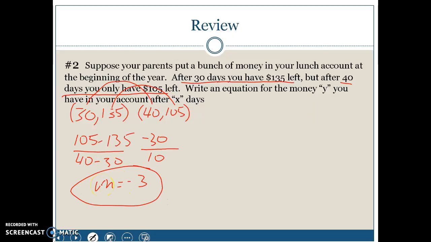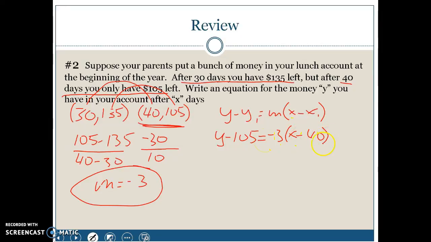That means we're using $3 every day, but we still don't know how much money your parents put in the account at the beginning of the year. So we're going to write our equation. It's going to be y minus y1 equals m, that's our slope, times x minus x1. I'm just going to pick this point here. We're going to have y minus 105 equals the slope, which is negative 3, times x minus 40, because that's our x value.